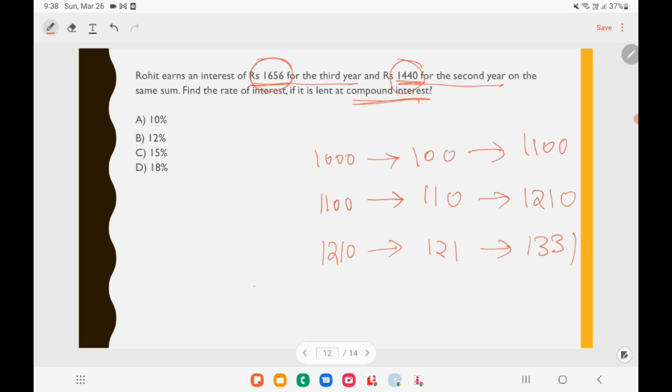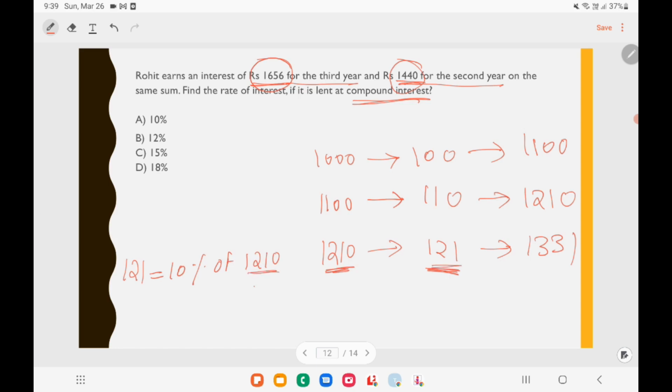Now I am going to give you a little bit of concept here. So 121 is the interest in the third year. So 121 is actually 10% of 1,210. Okay, 10% of 1,210, because 10% of 1,210 is 121. We know that.